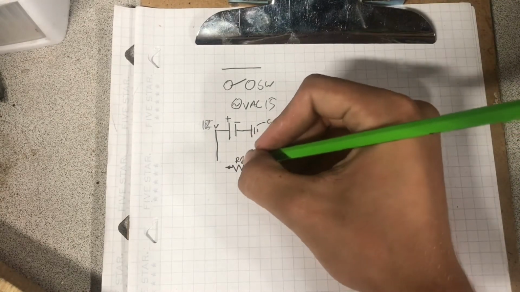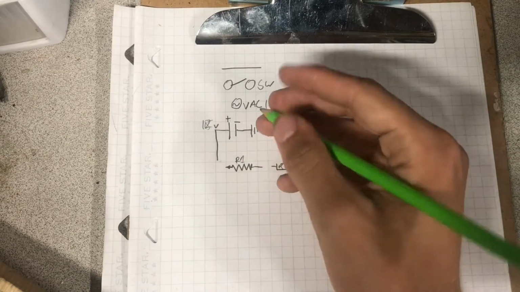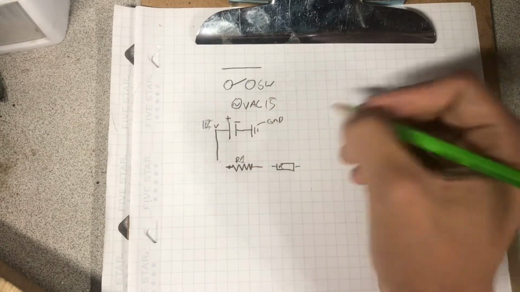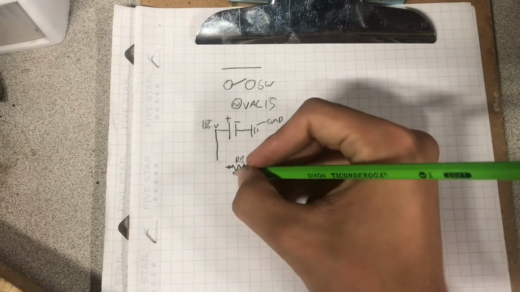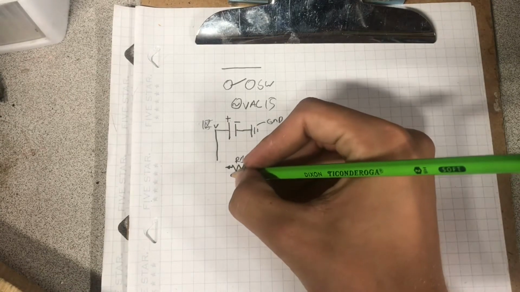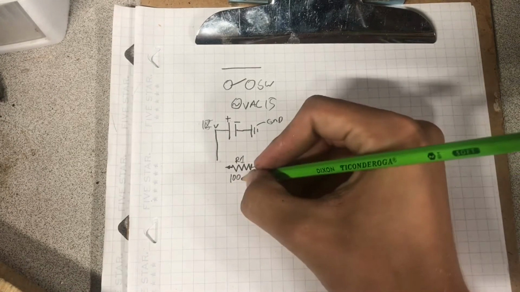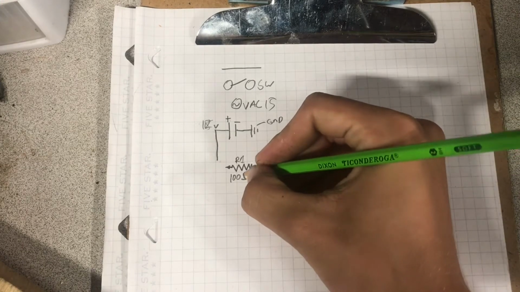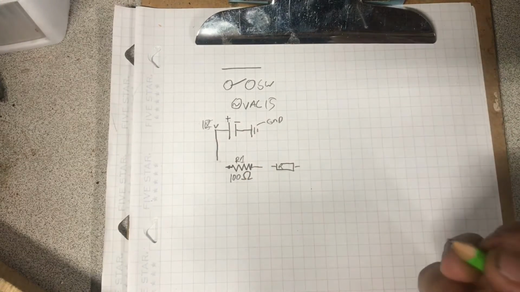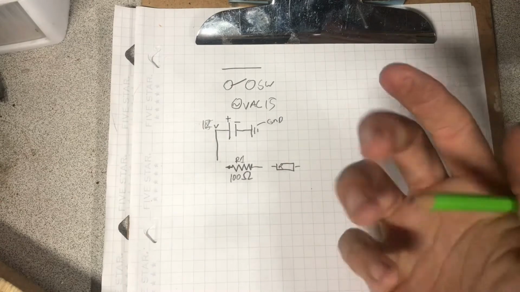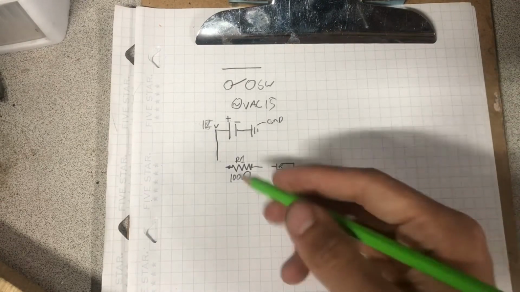So we could have R1, and they have different values, and resistors are measured in ohms. We could have 100 ohms, and the symbol for ohms is omega, the Greek letter. That means resistance.